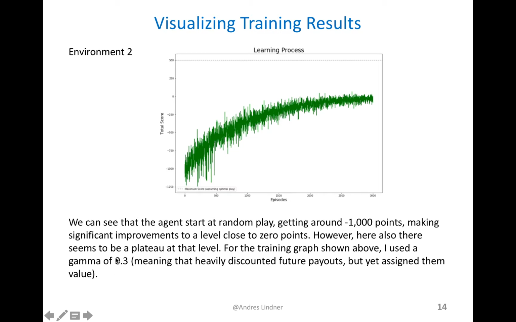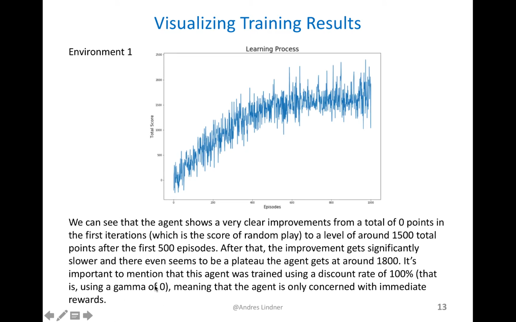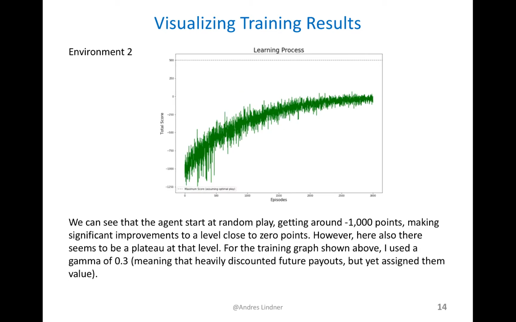And again, here I would have to say it's very important, something I didn't mention before. It's the discount rate I used. In environment number one, I used a discount rate of 100%, because I sort of understood that all the actions only impacted the same cycle and did not have an impact on further actions. So I said, okay, let's use a discount rate of 100%. Further scores are really not related to the action the agent takes at each point.